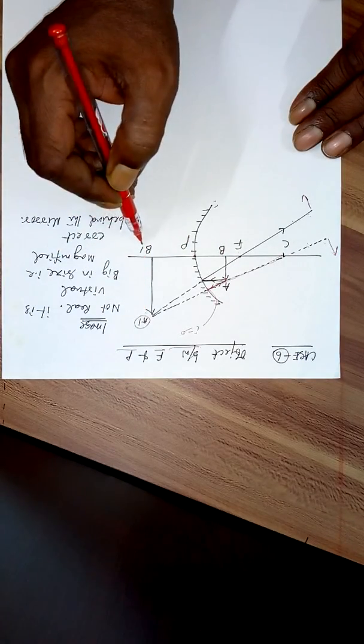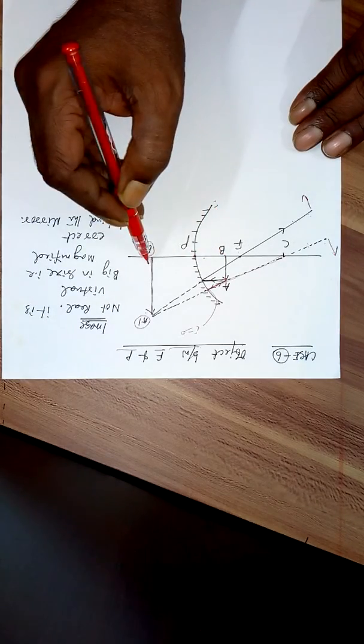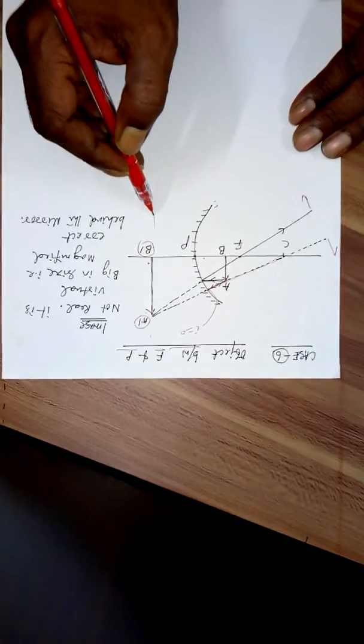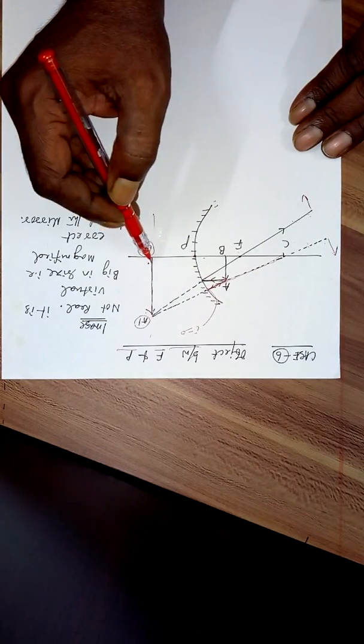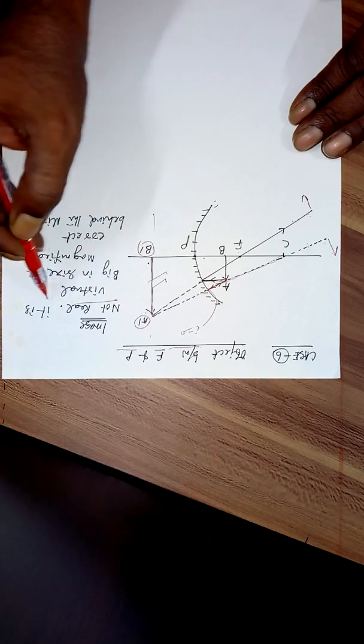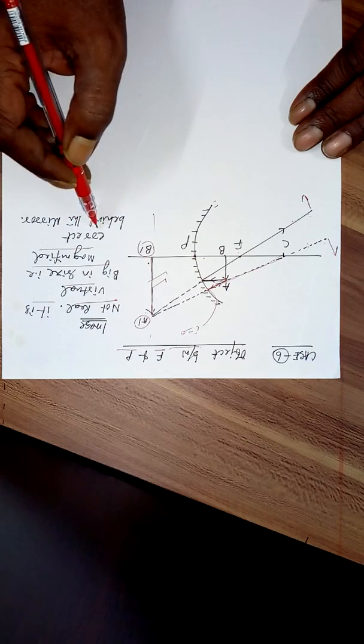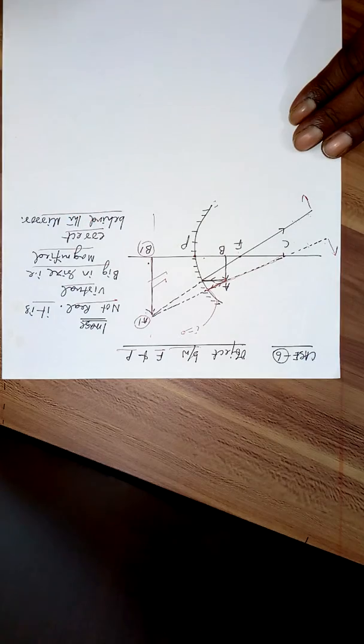So A dash B dash is the image of AB. It is behind the mirror. If you put a screen here, this will not be captured on the screen. Therefore, this is called a virtual image. So it is not real. It is a virtual one, big in size, that is magnified, and erect, and it is behind the mirror.